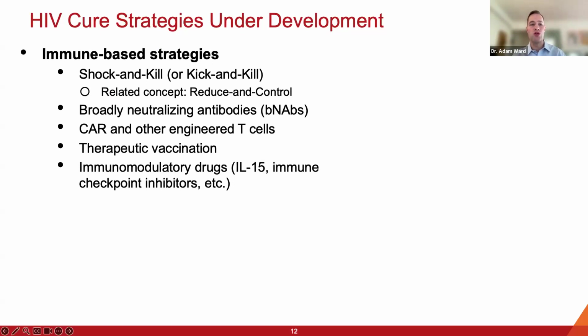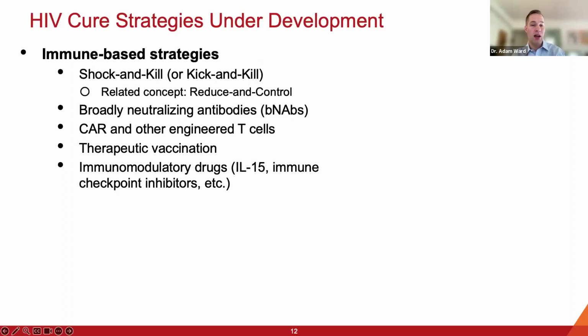This proposes to use drugs called latency reversing agents coupled with other immunotherapies to awaken the latent or dormant HIV and then to eliminate those HIV-infected cells. The related concept proposes perhaps we don't need to eliminate all HIV-infected cells, just reduce the number to very low levels, which then maybe can allow for immune-mediated control long-term off of therapy.